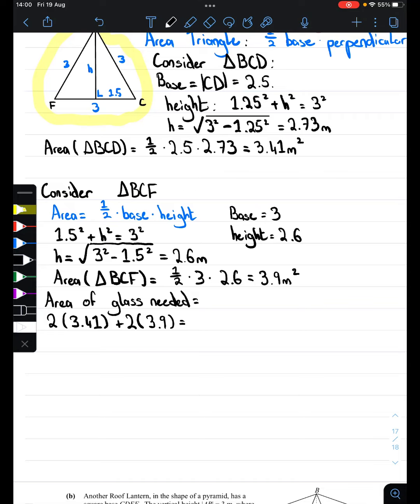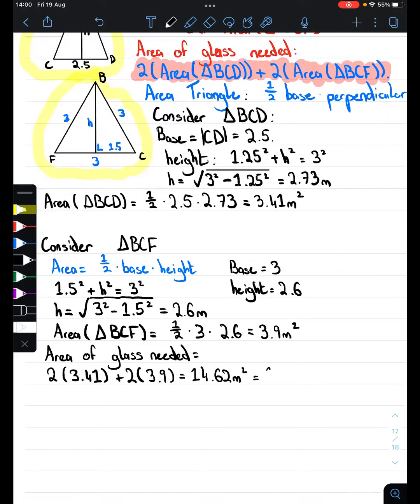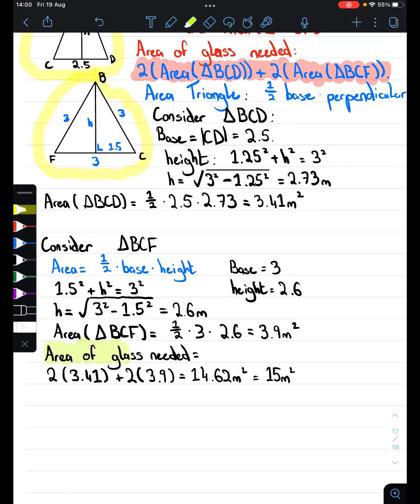And this gives us 14.62 meters squared, or to the nearest meter square, 15 meters squared. So the area of glass needed to glaze the 4 triangles is 15 meters squared.